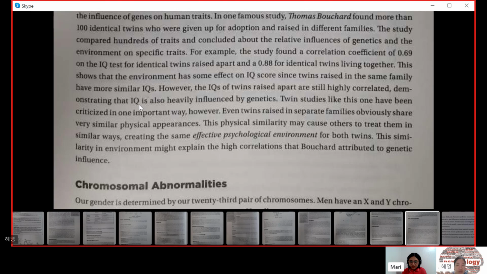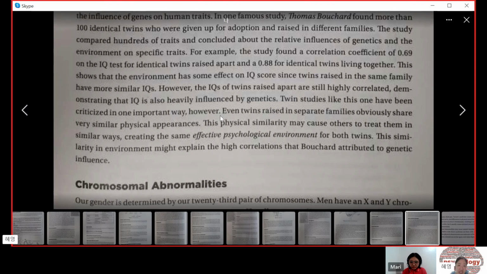Twin studies like this one have been criticized in one important way, however. Even twins raised in separate families obviously share very similar physical appearances.